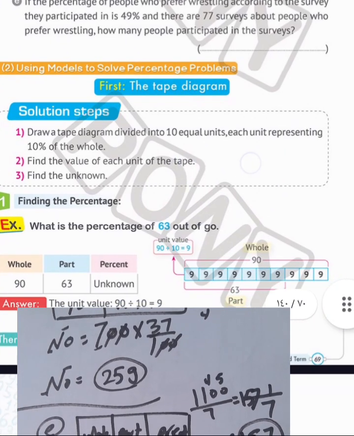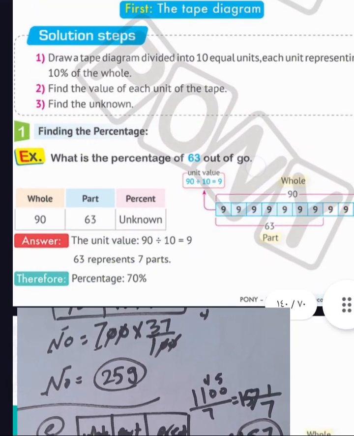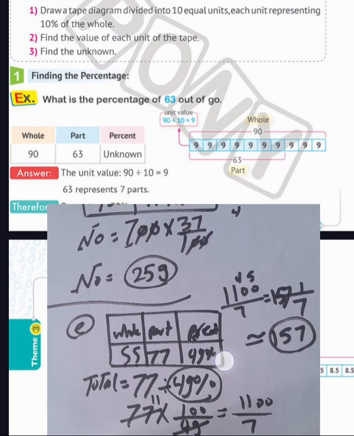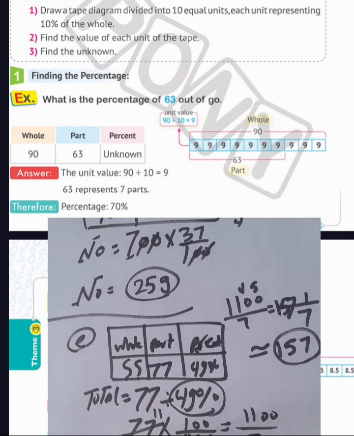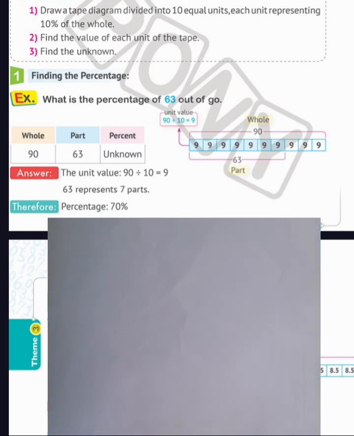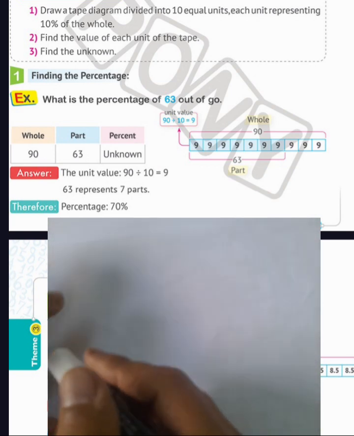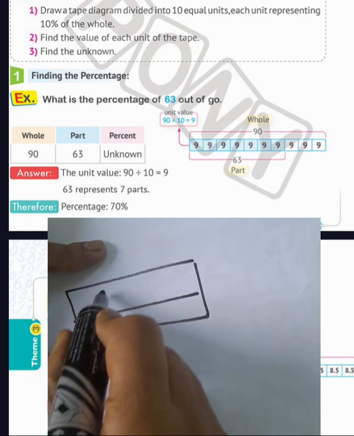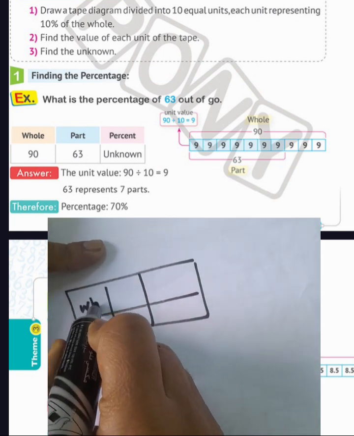Using models to solve percentage problems. Now we will explain another method to find the percentage by using a model. He will give us the part and you want to draw the model. Look with me at this method. He draws this model here, right?